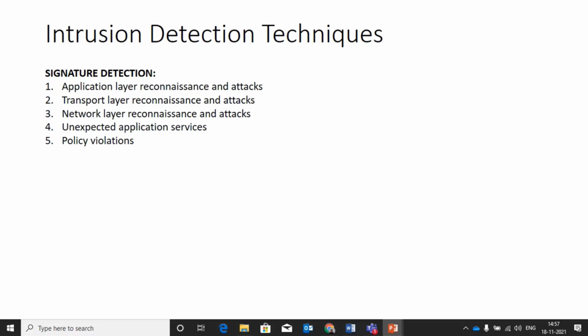In signature-based detection, very first we have a list of patterns and signatures. The first case is application layer reconnaissance and attacks. Most network-based IDS technologies analyze several application protocols like FTP, HTTP, IMAP, IRC, NFS, Post Office Protocol, SMTP, SNMP, and many more.